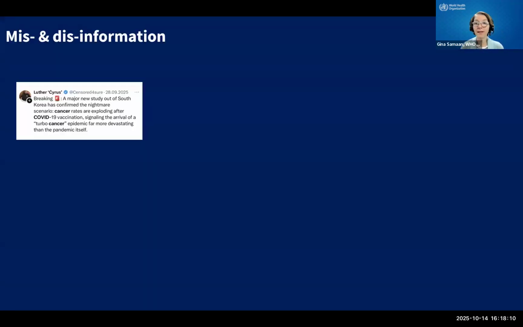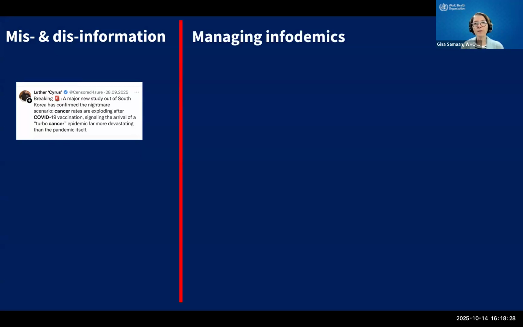As you all know, there's a lot of misinformation and disinformation out there. We can see most recently a story that Korea had confirmed, allegedly, the link, a study had confirmed the link between COVID-19 vaccines and cancer. And so, taking this information from social media, there is the need to manage the infodemic, right?